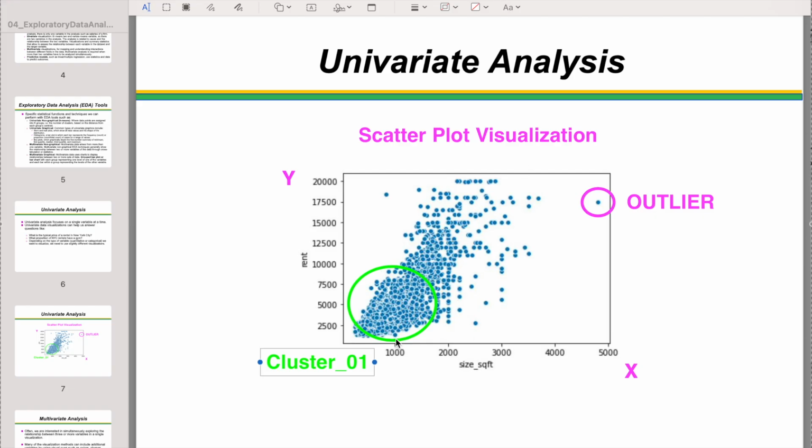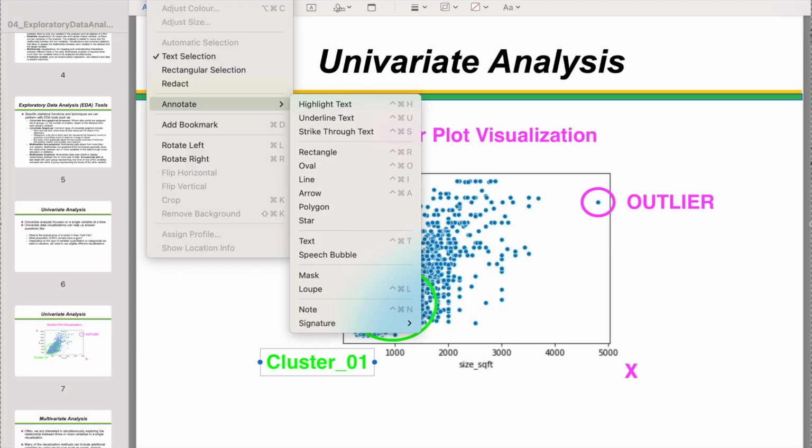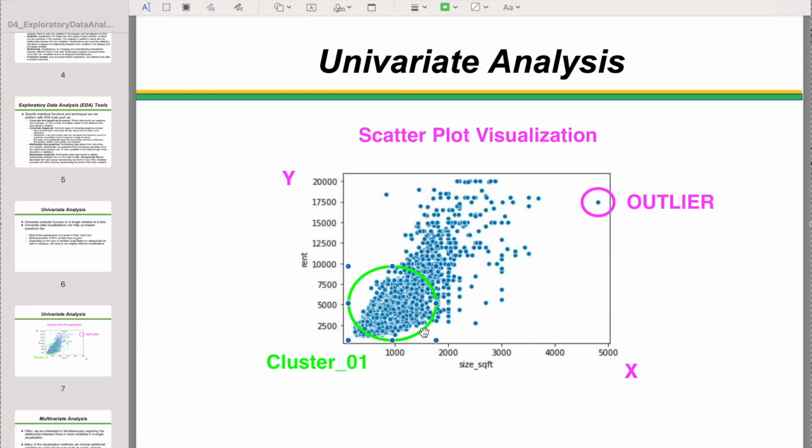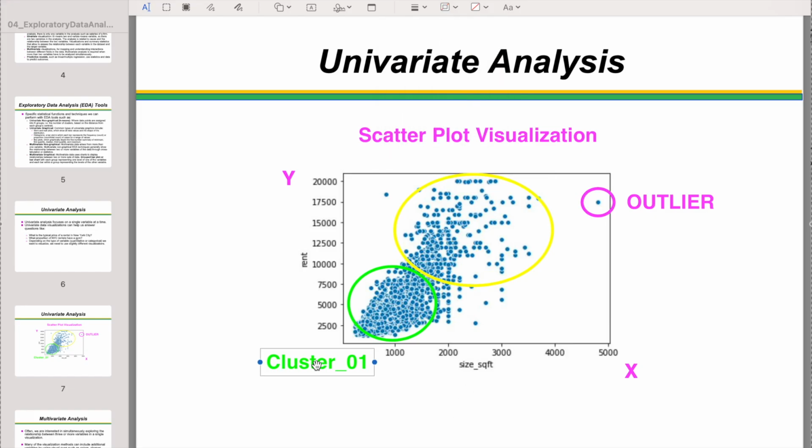It's going to compare each point with any other point to determine how close they are to each other. And the ones that are close to each other will be placed in the same cluster or in the same group. So let's say it's going to find another cluster right here. And that will be called cluster 2.